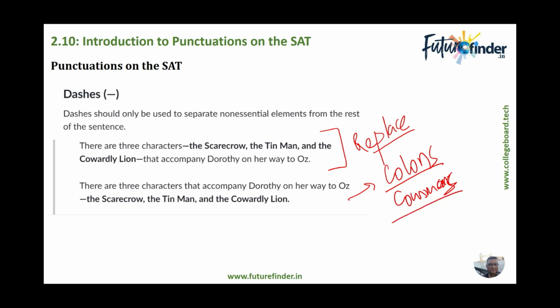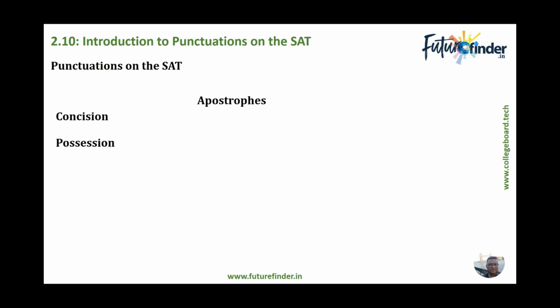When and how, we are going to look at that when we come to the actual lesson on the dashes. And apostrophes have two basic functions, one concision and two possession. We are going to look at that when we delve into apostrophes.